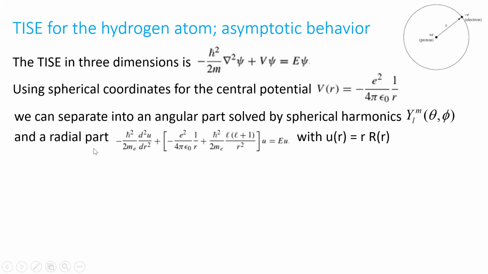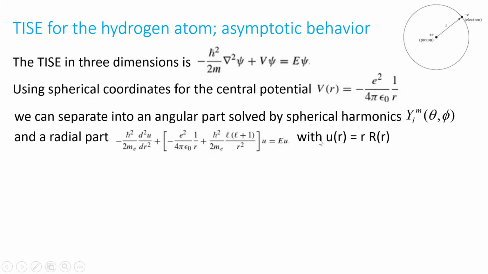And then a radial part, which is written as minus h bar squared over 2m, m being the mass of the electron, times the second derivative of u with respect to r, plus this term, which is the Coulomb potential, plus this extra term, which is often called the centrifugal term. It tends to fling the electron away from the nucleus and has to do with angular momentum. All times u is equal to E u.